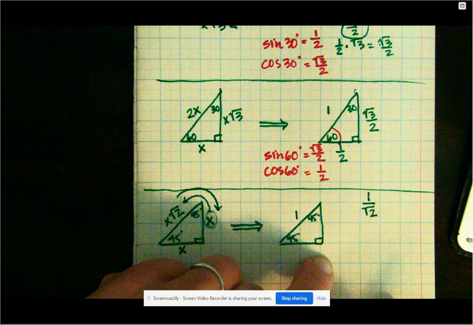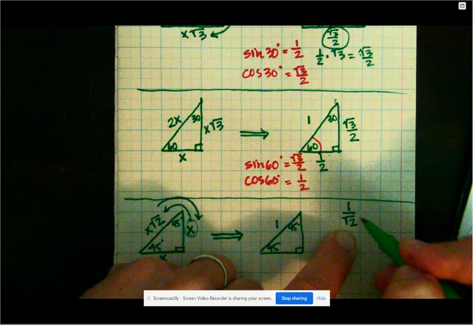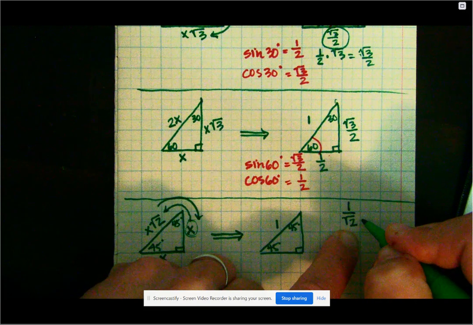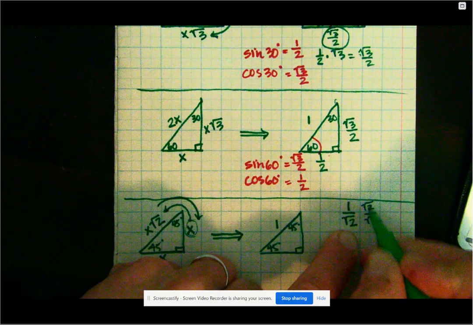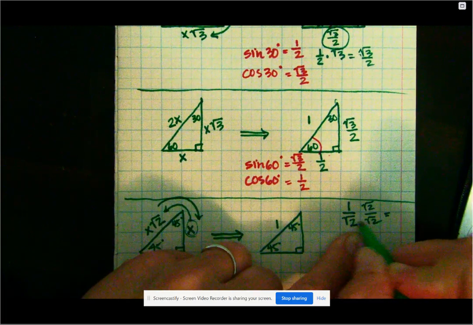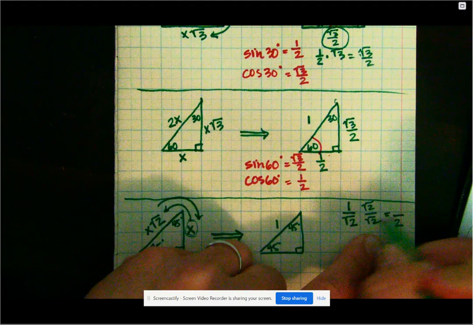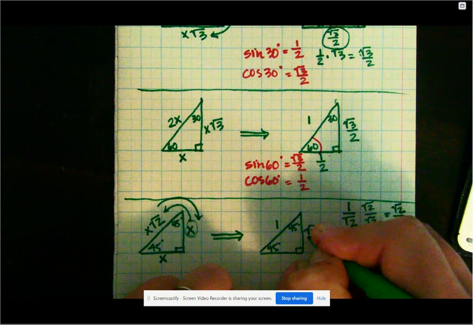However, we don't like to have a radical in the denominator. So to get rid of it, we multiply by the square root of 2 over the square root of 2, which is really just multiplying by 1. And then what that does is it gets rid of the radical on the bottom. And we just rewrote it in a nicer way.